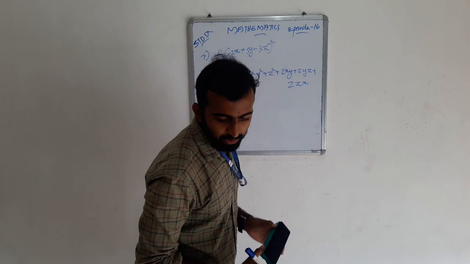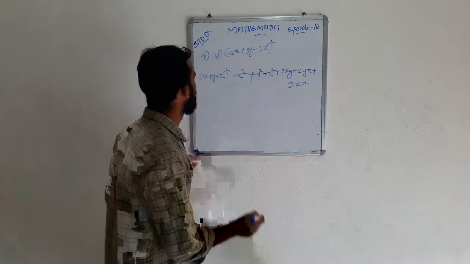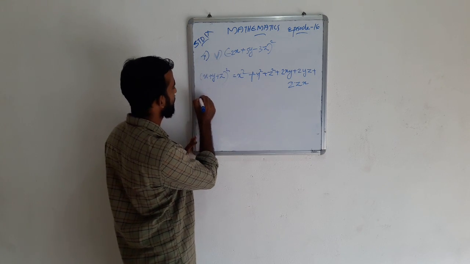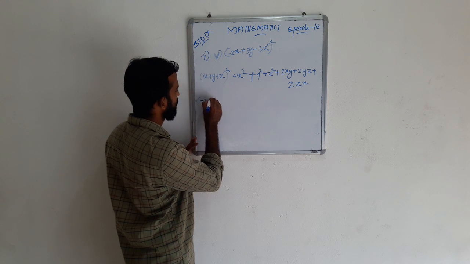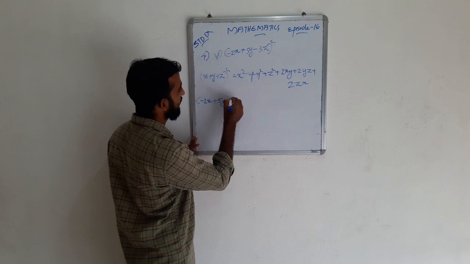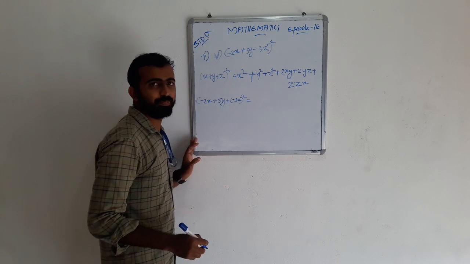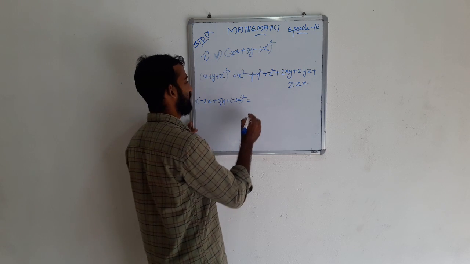We want to expand. We can write negative 2x plus 5y plus negative 3z the whole square equal to, what is the answer?